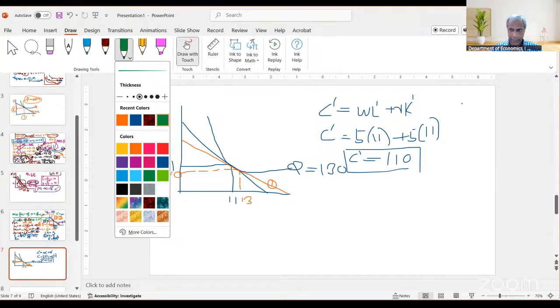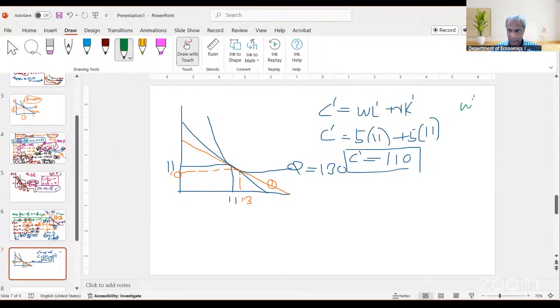The wage rate increased up to $5. Then the isocost curve rotates.